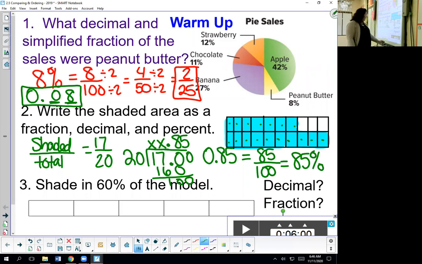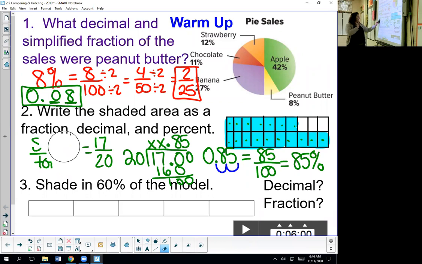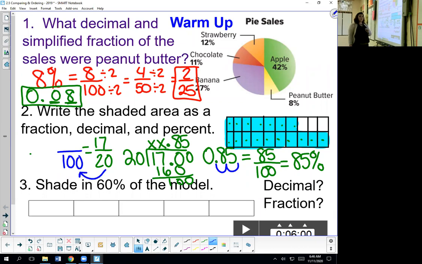Or you can think about, Mr. Henry also mentioned moving it 2 spaces to the right, and that also would give your answer. However, I have kids in the past saying, Miss Edwards, wait, I could have done it a different way at the beginning. Well, I could see that, I know that 17 out of 20, 20 can quickly go to 100 by multiplying by 5.